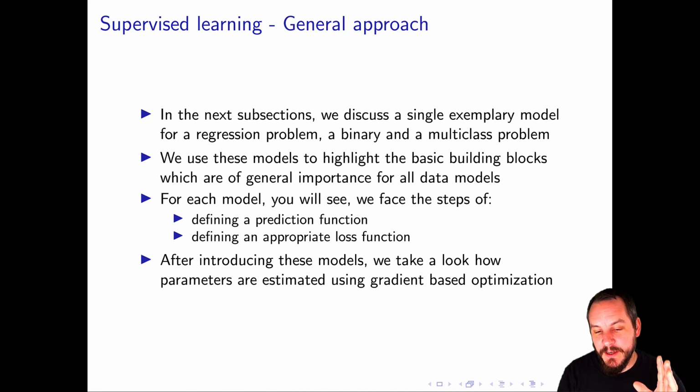We will take a look at gradient-based optimization, which can be used for all these different models and other model types, and in general also discuss things that are important to know and to be aware of, like upsampling, downsampling, cross-validation, underfitting, overfitting, and so on.